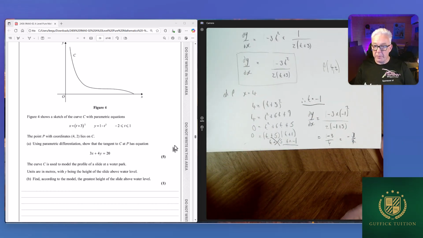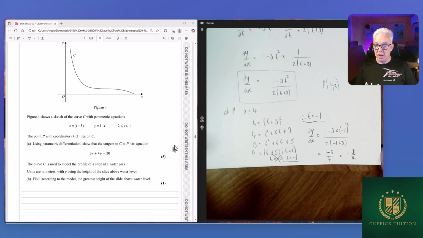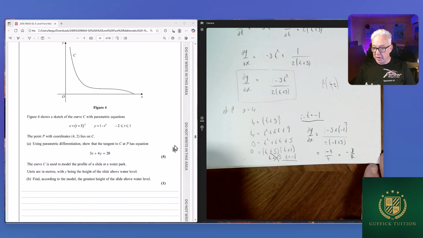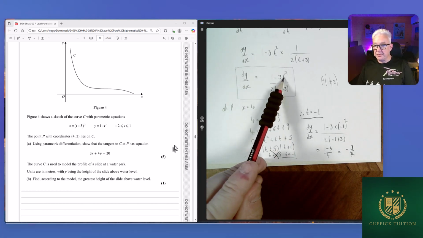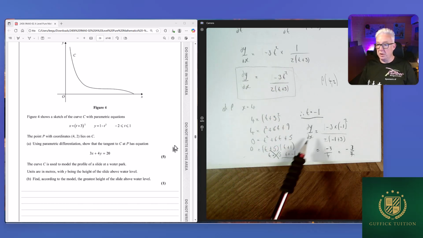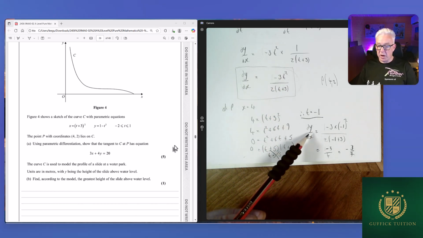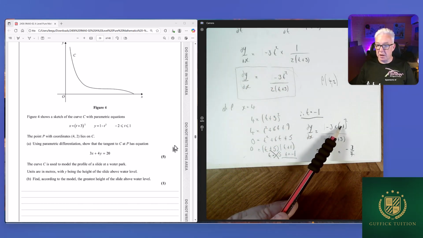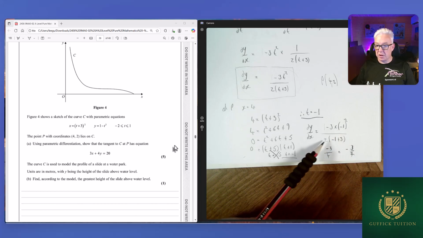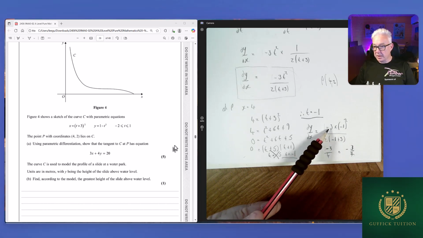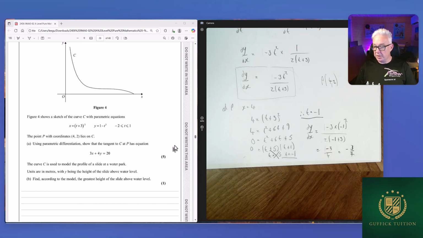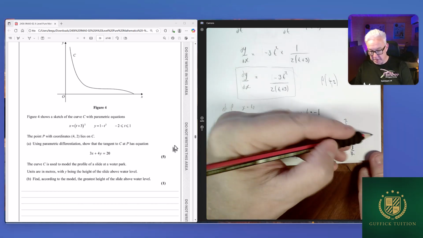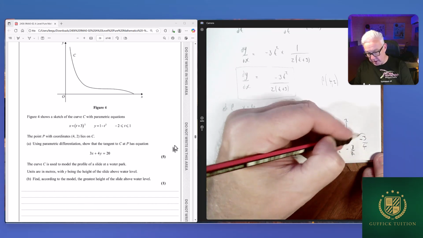So we can now go back to our gradient equation and find the gradient of the curve when t is −1, by subbing t = −1 into the equation that we got earlier. So dy/dx is going to be −3 times (−1)² over 2 times (−1 + 3), which is going to be −3 in the numerator, and 2 times 2 in the denominator. So −3/4 is our gradient.